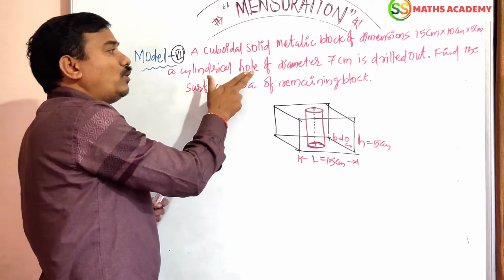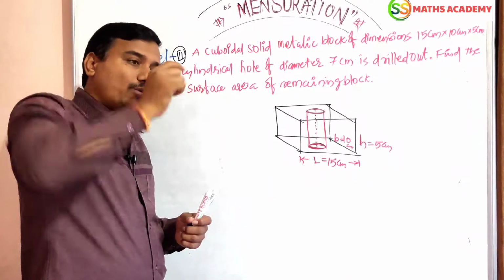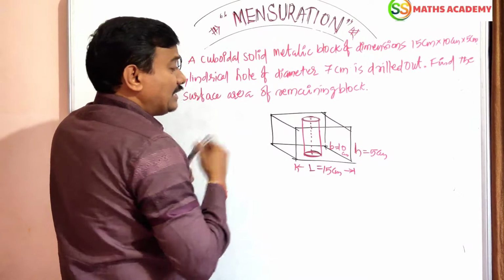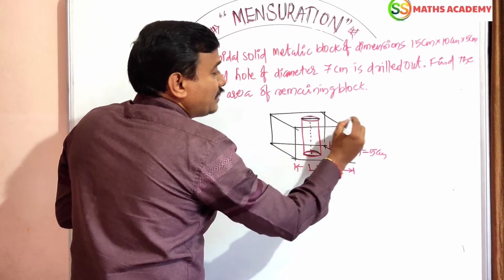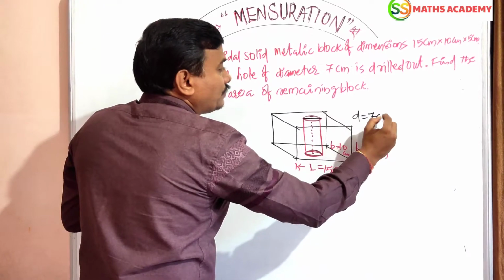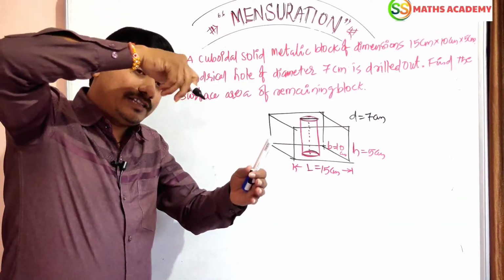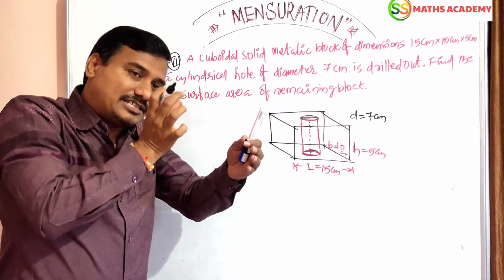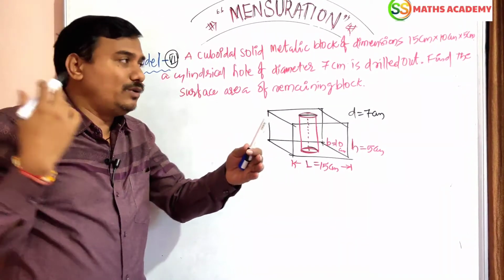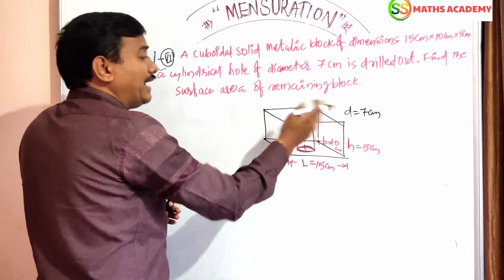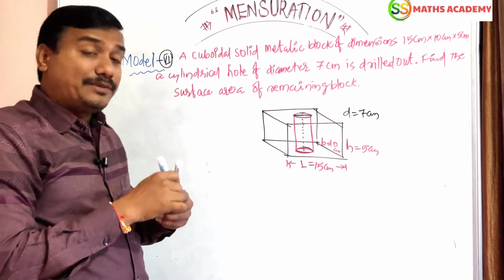A cylindrical hole of diameter 7 centimeter, this diameter is given as 7 centimeter, is drilled out. In that cuboidal shape, a cylindrical shape of diameter 7 centimeter is drilled out. Then find the surface area of the remaining block.